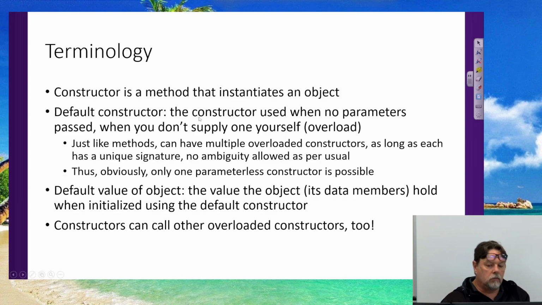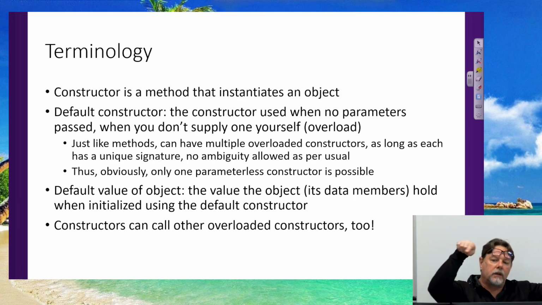Default constructor: the one that gets used when there are no parameters and you didn't supply one with no parameters yourself. We call that overloading, remember? Last time we talked about having multiple methods with the same name but with different parameter lists. If they share a name, they're all overloaded methods with different signatures, is the way we would say that.